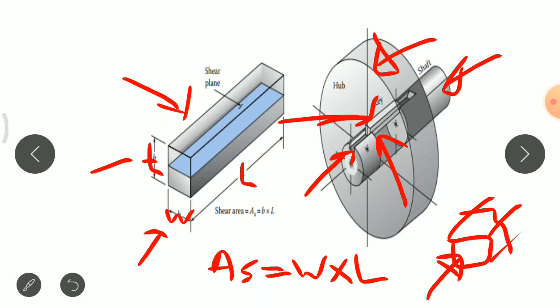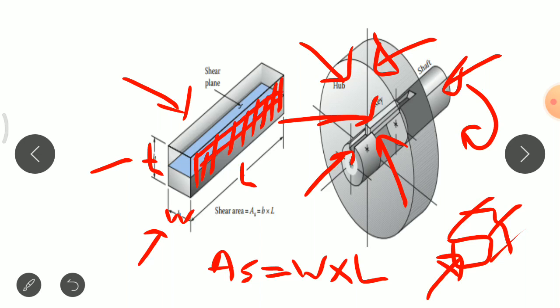force due to the torque transmitted by the shaft. When the torque is transmitted by the shaft, it is transmitted through the key to the hub section, and due to that transmitted torque, shearing or crushing stresses are produced in the key, and both the shearing and crushing stresses act on this plane.